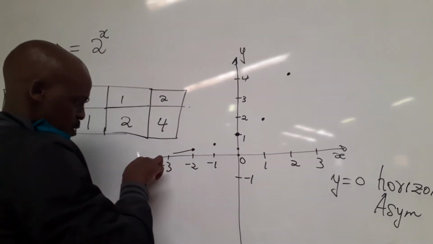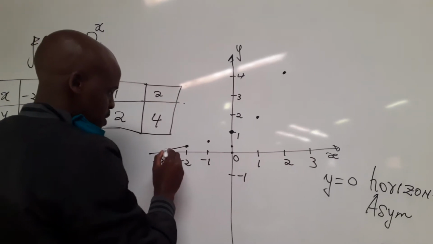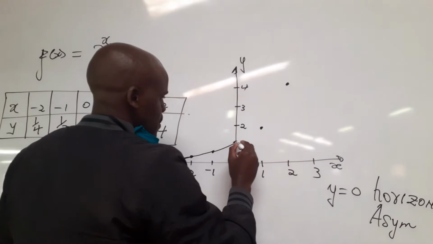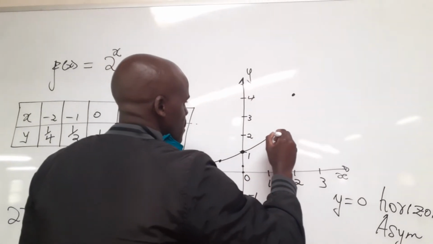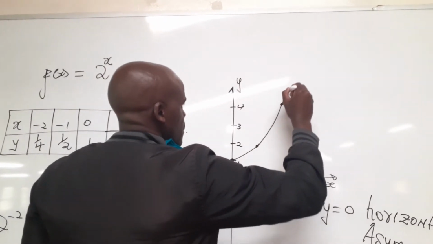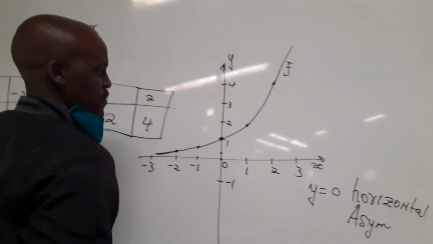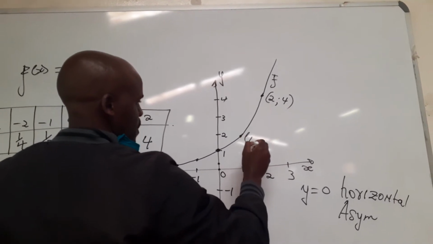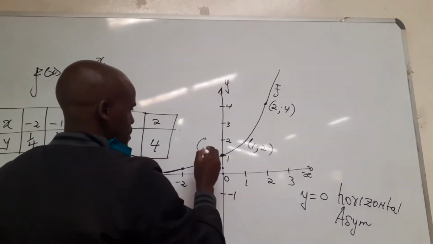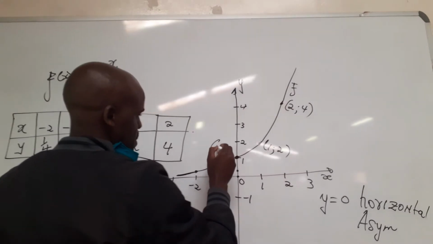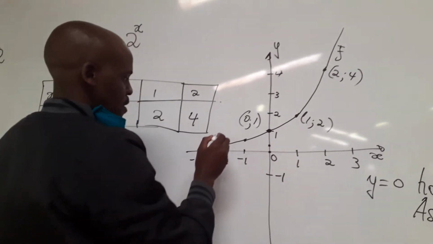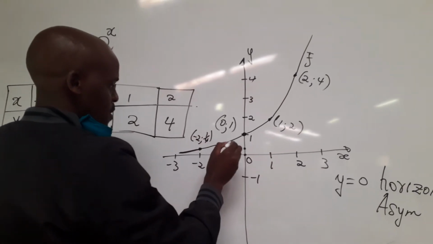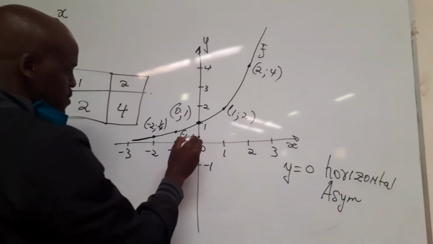Remember, our graph must not touch the x-axis because it won't exist. That's the function of f. 2 is to 4, 1 is to 2, 0 is to 1, negative 2 is to 1 over 4, negative 1 is to 1 over 2.